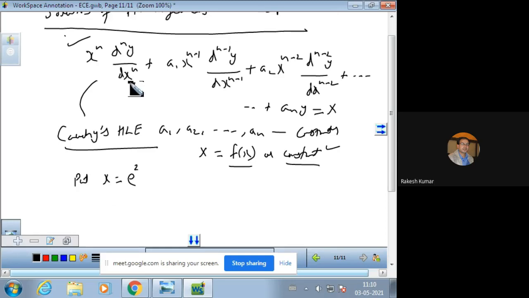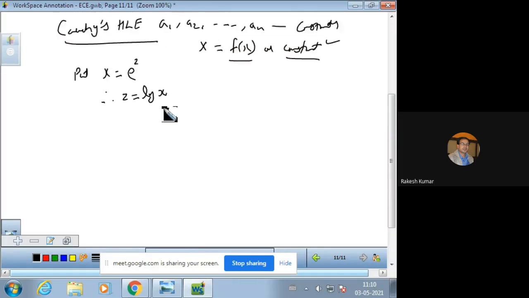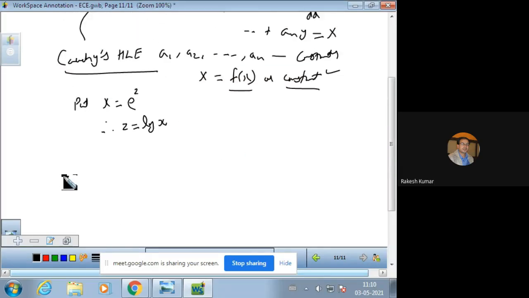X is the independent variable here, y is the dependent variable. So you need to substitute the independent variable x as a function of z. Taking log both sides, you will have z is equal to log of x, and z comes out to be a function of x.